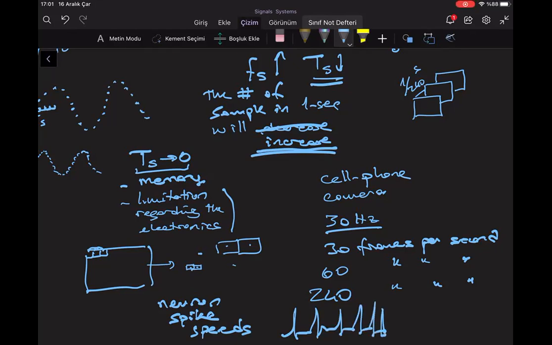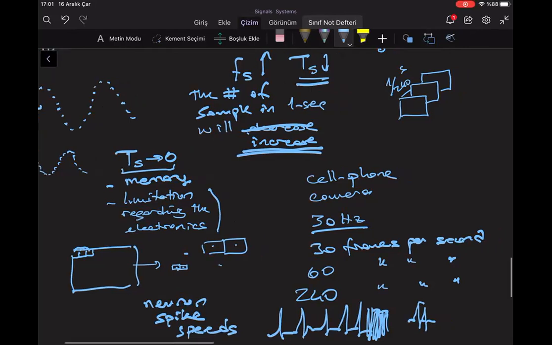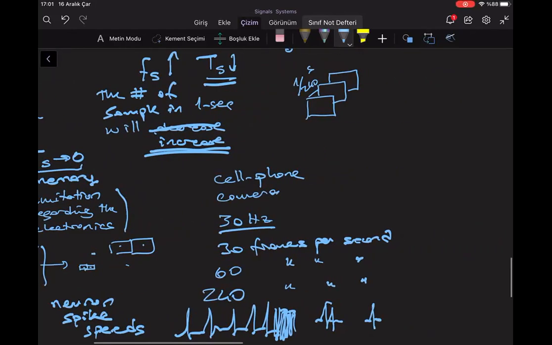Sometimes they are very close to each other, but there is still a limitation for any two spikes to occur consecutively. So that may impose a limitation. As far as I know, the length of each action potential is a couple of milliseconds. That's why maybe our vision has some kind of sampling limitation.